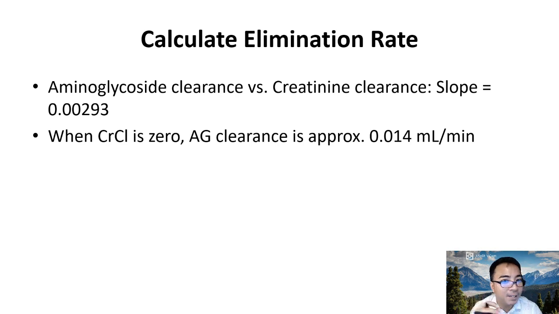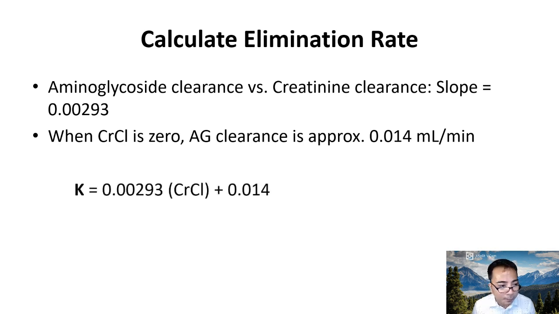Next, how do we calculate the elimination rate of our patient? Normally, class, we have an established correlation. The slope of aminoglycoside clearance versus creatinine clearance is 0.00293. When creatinine clearance is 0, aminoglycoside clearance is approximately 0.014. So when computing for K, we're used to 0.693 divided by half-life, but for aminoglycoside we don't do that.